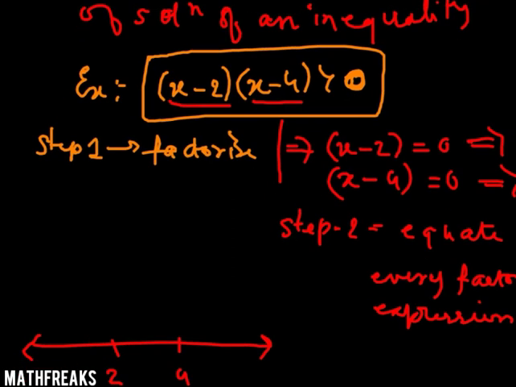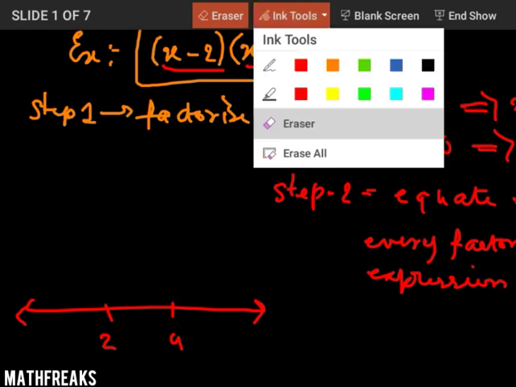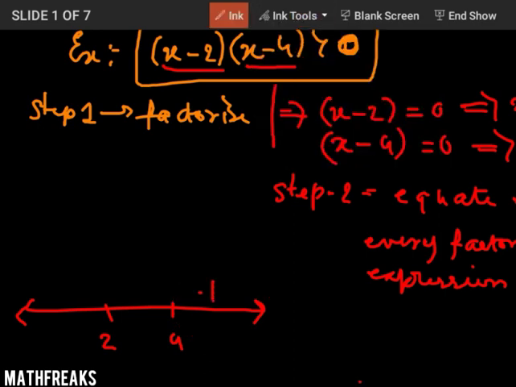So the next step would be, after putting the critical points on the number line, the left side, this portion, first of all you have to make it positive. Write positive here. Do as I say, write positive. Now we have to look at this portion, if it will be positive or negative.